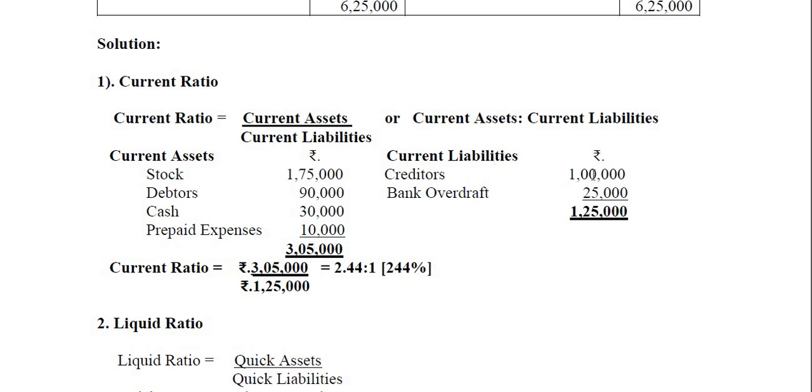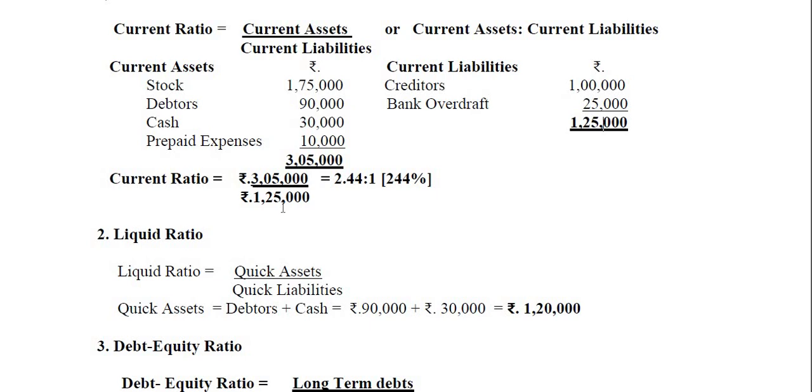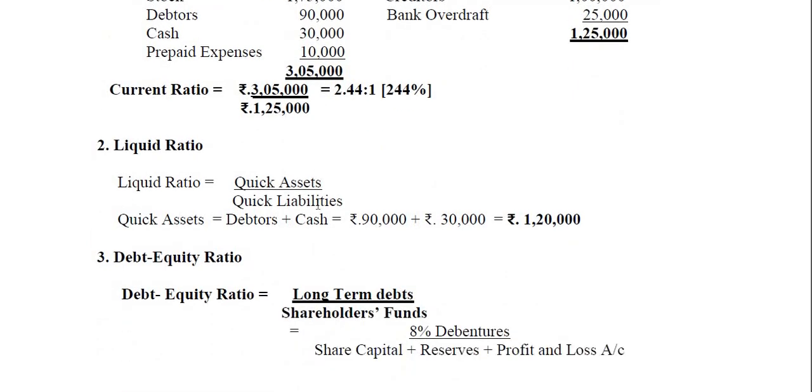Current liabilities are just 2 items, 1,25,000. So 3,05,000 divided by 1,25,000. Ratio is 2.44:1. In other words, current assets are 244% as that of current liabilities. Standard ratio is normally 2:1. Here the ratio is better than that, so it appears to be good.